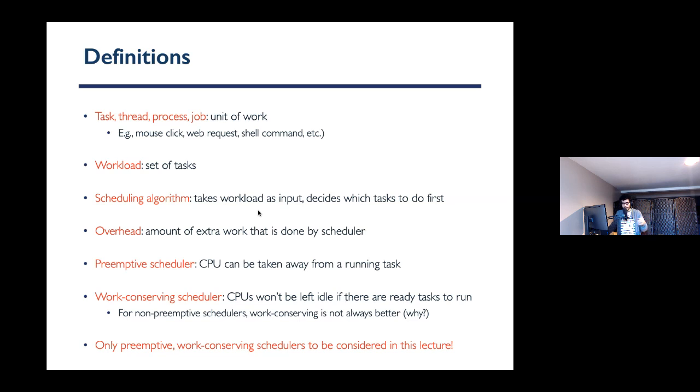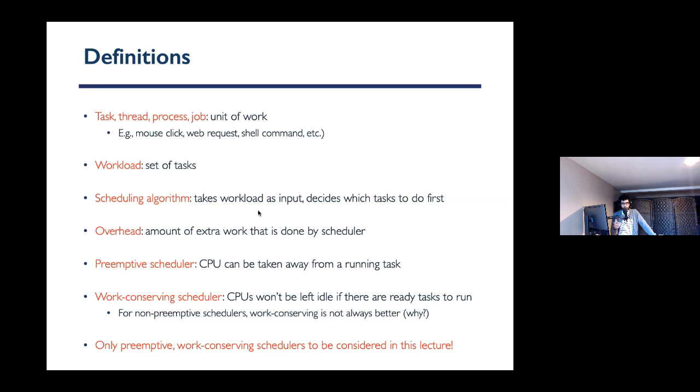In today's Linux, Mac, and Windows systems, the unit is basically the thread. If you're talking about a distributed system, the unit becomes a job. So different contexts have different units of scheduling. It doesn't really matter what the unit is, so as a result, I'm going to talk about them interchangeably.